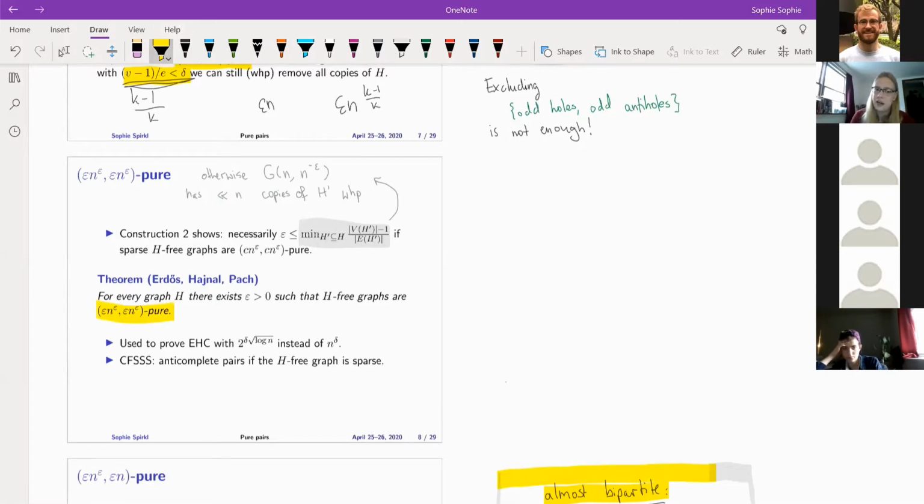So we wanted linear. We know that linear generally won't work, but in general, we'll have to look at n to the epsilon for some constant epsilon less than 1.